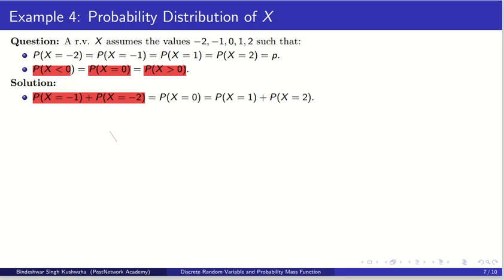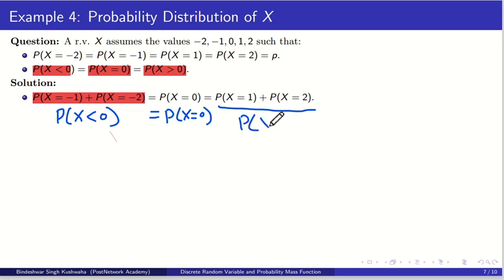So I am writing here basically this is P(x<0), and here P(x=0) already written, and this part is P(x>0) because the value of x is 1 and 2. So greater than 0, this is less than. And see that this is equal to P.